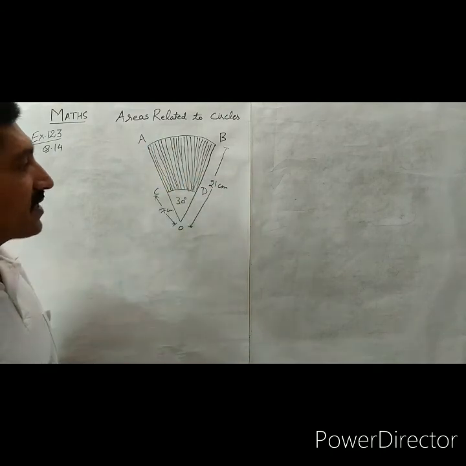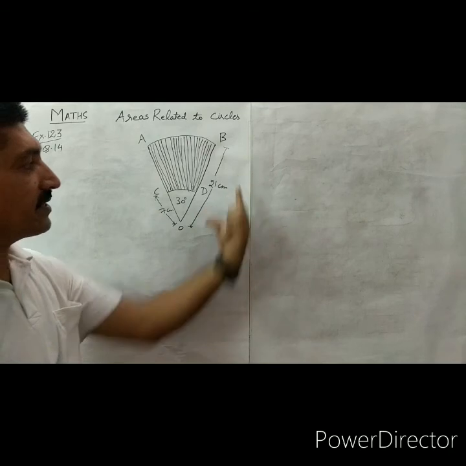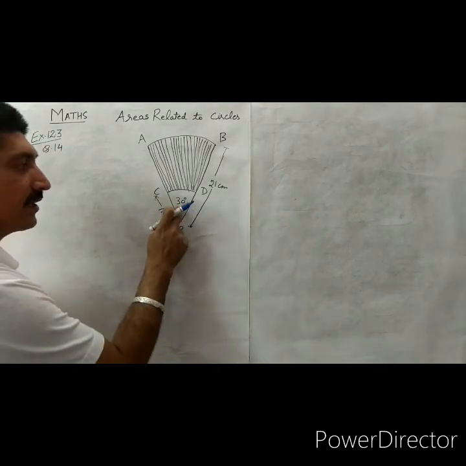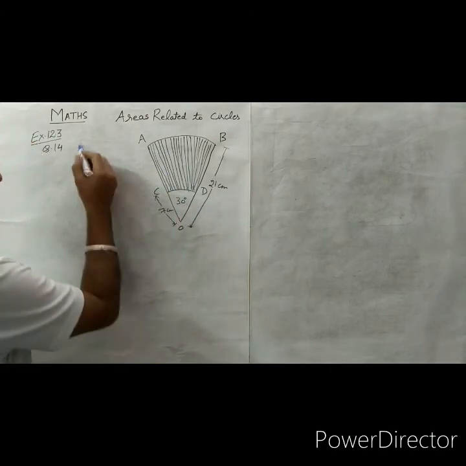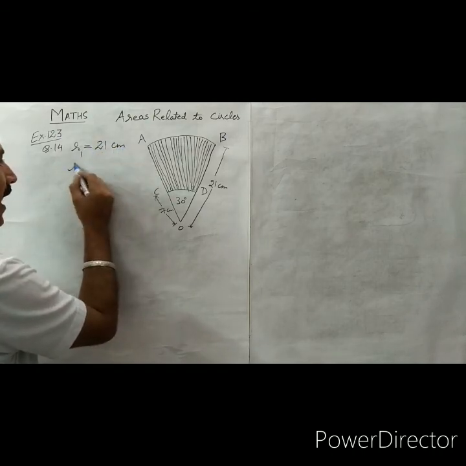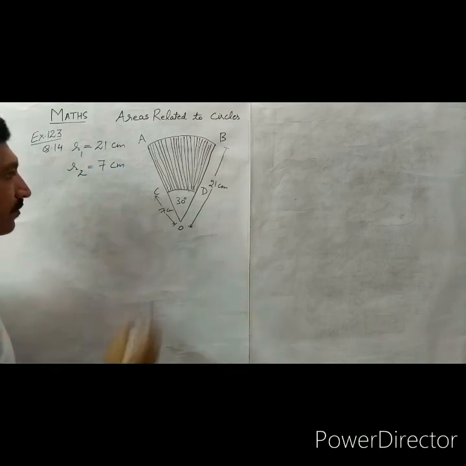Question number 14 here. Two concentric circles with the radius 7 centimeter and 21 centimeter are given, and here the angle is 30 degree, we have to find this shaded area. So here one radius R1 is 21 centimeter and R2 here is 7 centimeter.